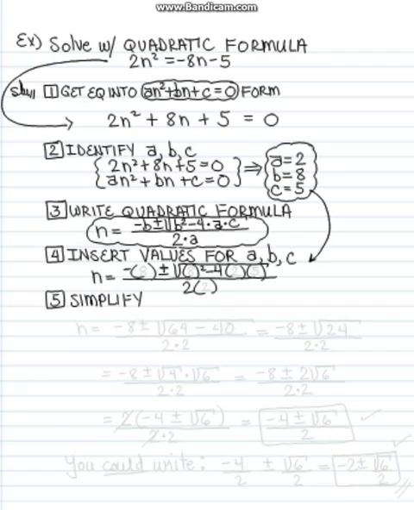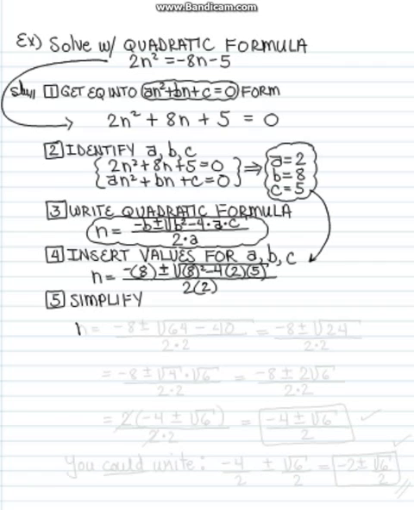Now in the first parenthesis we have the b value, that's positive 8, and here also positive 8. Then the next parenthesis after the 4 is the a value, that's a 2, and after that we have the c value, which is a 5, and down below we have the a value, which is 2. Now comes the work. This is where all the work is involved.